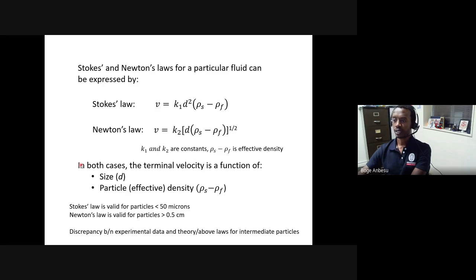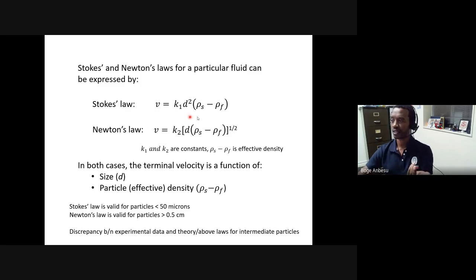Okay, so basically in this case, it says in both Stokes' law and Newton's law, terminal velocity depends on size. In this case, if particle size is large, terminal velocity is large. Okay, so particles settle faster. The same is true in Newton's law, when particles are large, terminal velocity large, they settle faster.